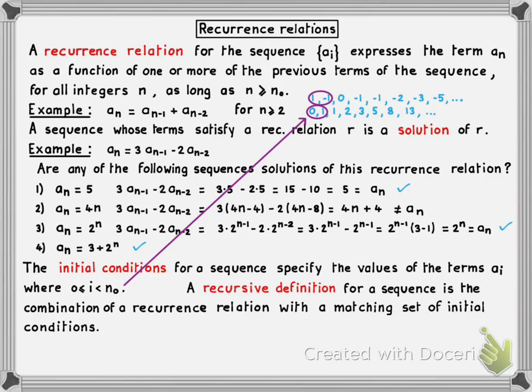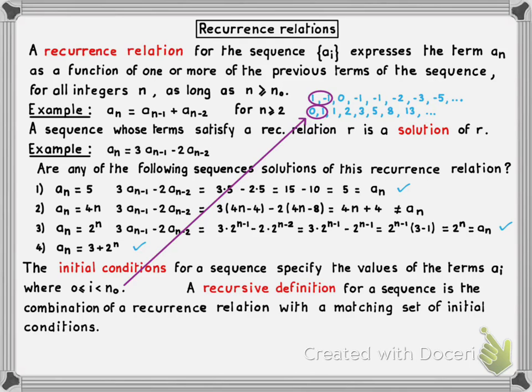All we mean is that if n0 is equal to 2 in the recurrence relations, then the initial conditions must also specify the value of 2, or more generally, n0 terms. That's how they match. So as another example, this recurrence relation, together with a different set of initial conditions, namely this one, is a recursive definition for this other sequence.